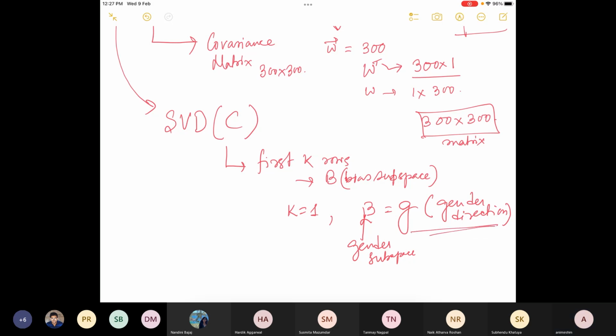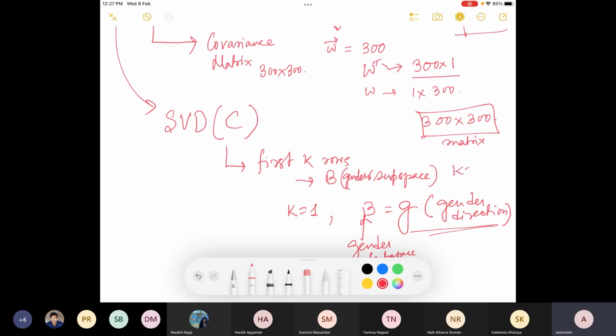Okay. This is the gender subspace. Typically, you take K equals 3 or 4. This defines your gender subspace.